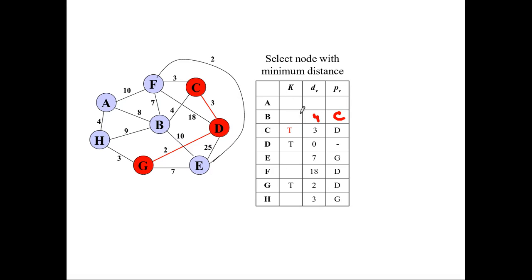Next, I also have a node called F. So F can also be reached, but previously F was reached via D and the cost associated was 18. Now what is the cost associated with reaching F? It is 3 via C. So 3 is less than 18, so obviously this will be overwritten. So the cost of reaching F will be 3, and now instead of reaching F via D, I'll be reaching it via C. That is the modification which we have done.